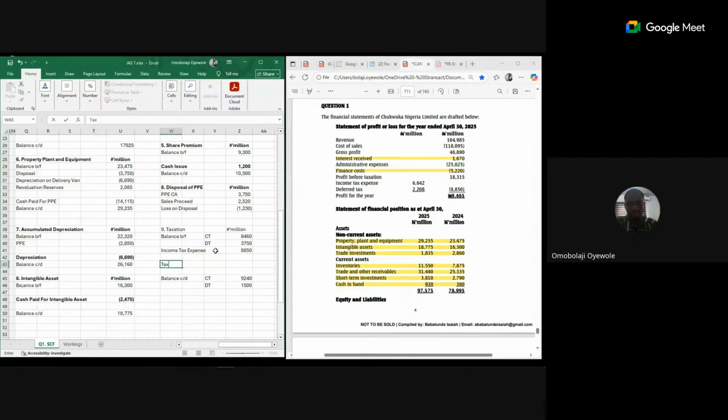So let's see tax paid. Tax paid is going to be 8,460 plus 3,750 plus 8,850 minus 9,240 minus 15.